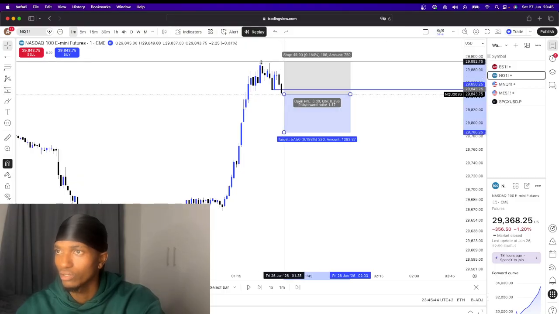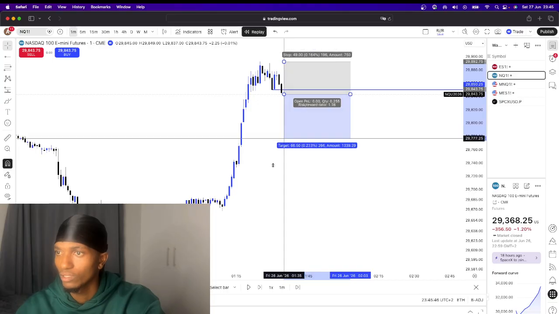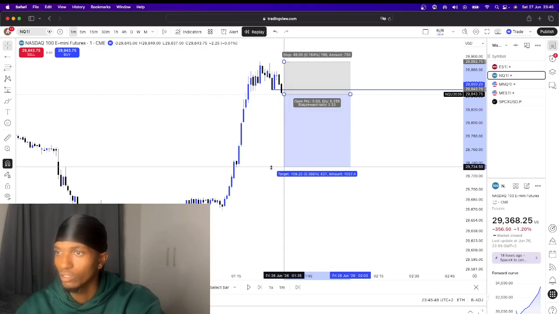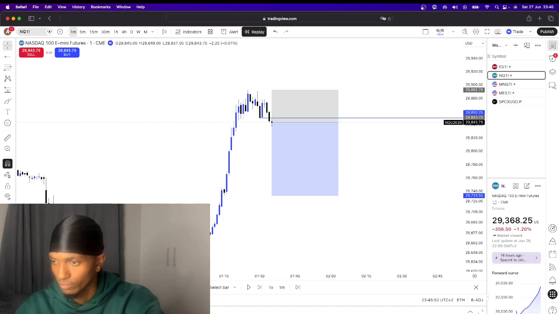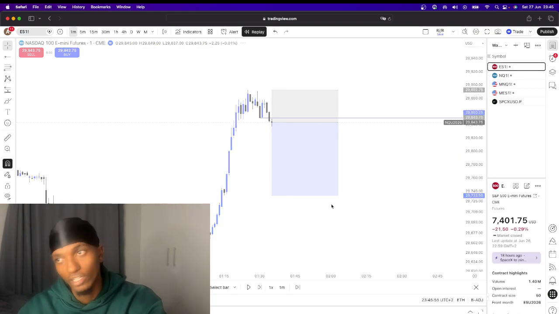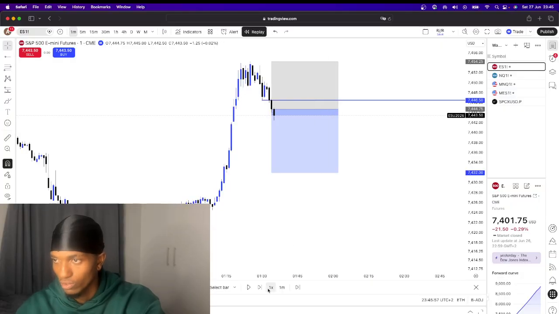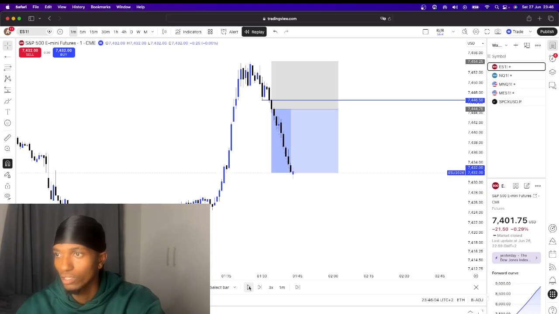So stops down here, TP up there, down there. Okay, so let's go to ES since it is the one leading downwards. So I'm gonna do 3x so that we can get there quicker. Okay, pause.